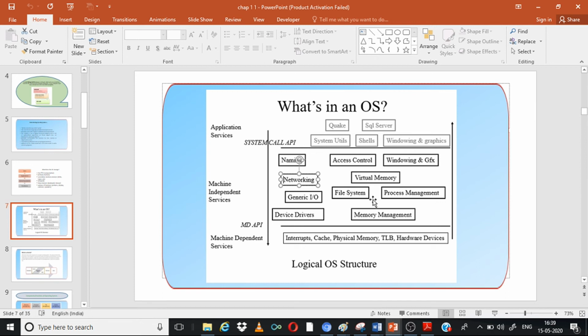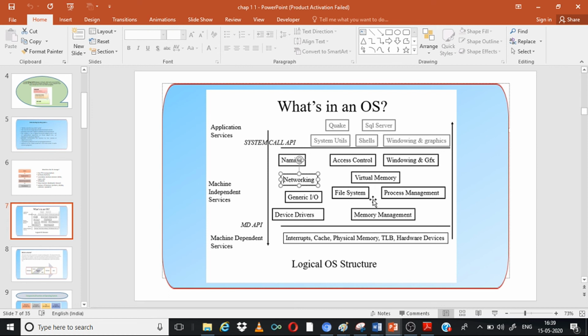We need to have access control. We need to have a file system to manage the files, to create a folder system, to have several subfolders, multiple folders, management of those folders, managing of process and execution, managing of generic input output. All of these are machine independent services.